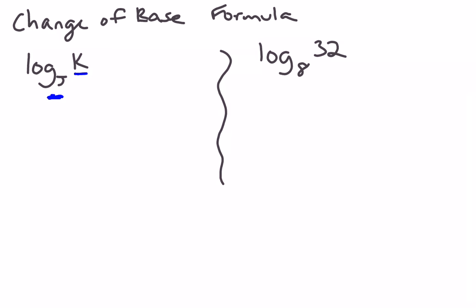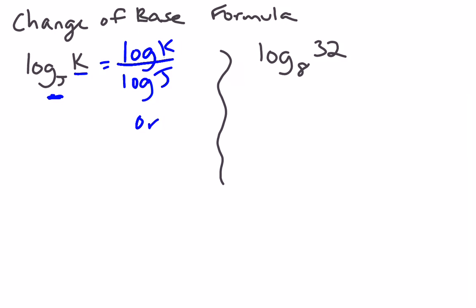And so it can be helpful for us to know this thing called a change of base formula, which is, if I have log base j of k, I can do log k divided by log j. And if I don't write a base, then it's understood to be base 10, which is really nice for my calculator.